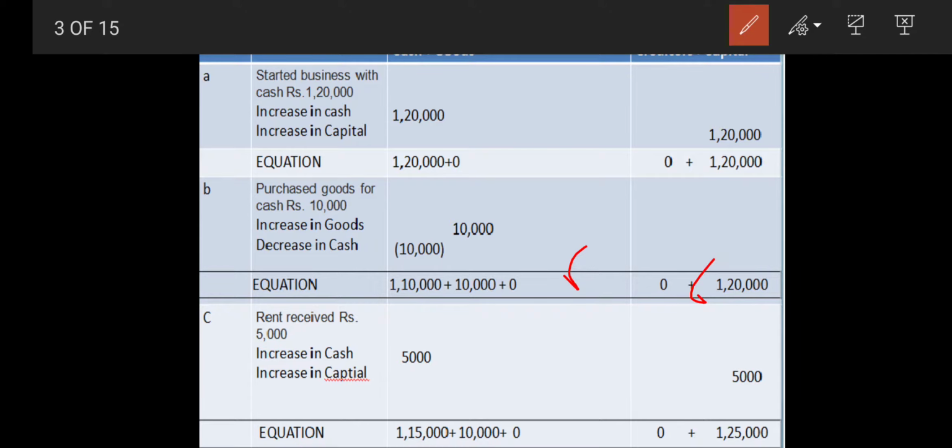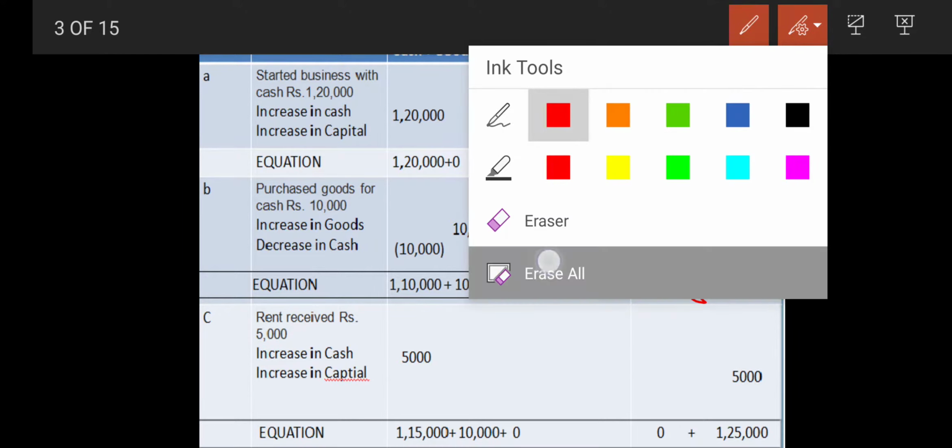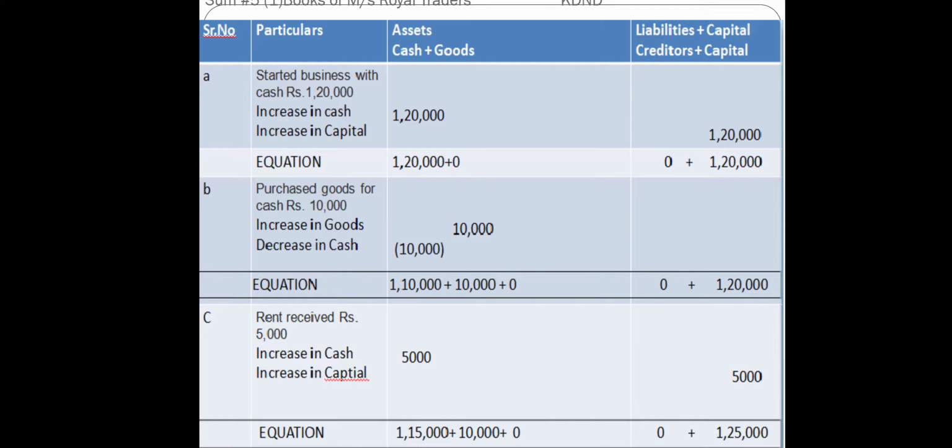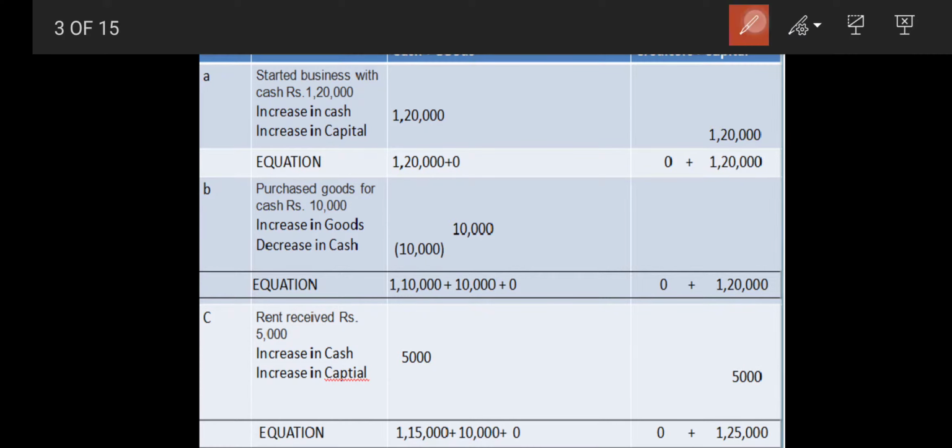And one more thing, we can very easily identify how our equation is set up. Whenever you see the effects, if there is an effect on the asset side only, then one will be positive and one will be negative, and that will nullify, right?